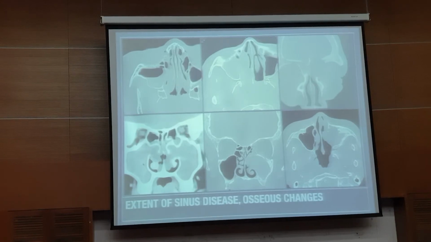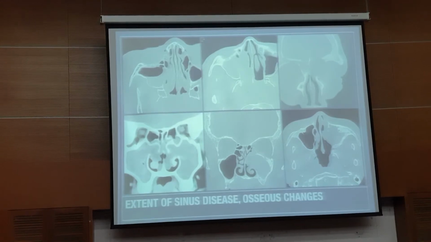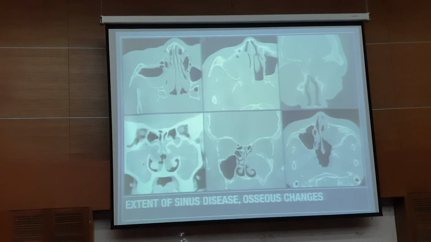Now, hyperdensity in itself, there are three things that can explain it. It could either be inspissated secretions, or it could be blood, or it could be fungal material. Depending on the history of the patient, one can decide what it is most likely to be. In a setting of trauma, you know what it would likely be.